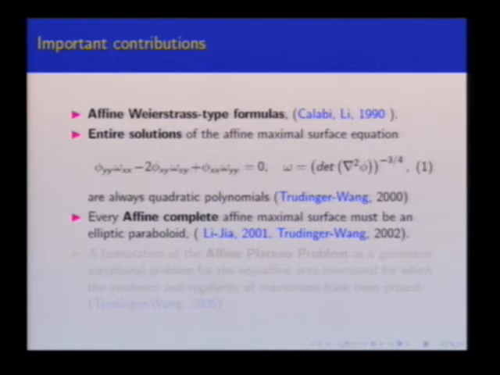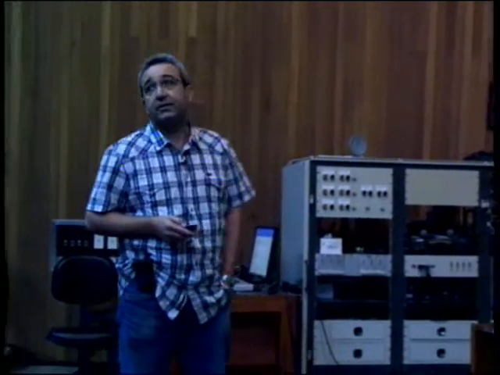The first one says that the entire solutions of the affine maximal equation are always quadratic polynomials. And the second one says that every affine complete, affine maximal surface must be an elliptic paraboloid.